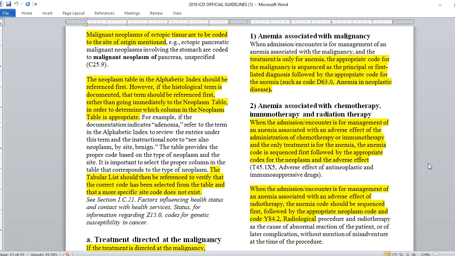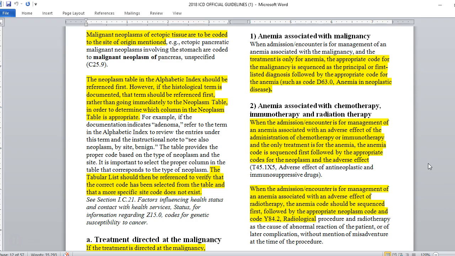then the anemia code. But number 2 tells us, when the encounter is for management of anemia associated with an adverse effect of the administration of chemotherapy or immunotherapy, and the only treatment is for anemia, the anemia code is sequenced first, followed by the appropriate code for the neoplasm and the adverse effects, such as T45.1X5, adverse effect of antineoplastic and immunosuppressive drugs.